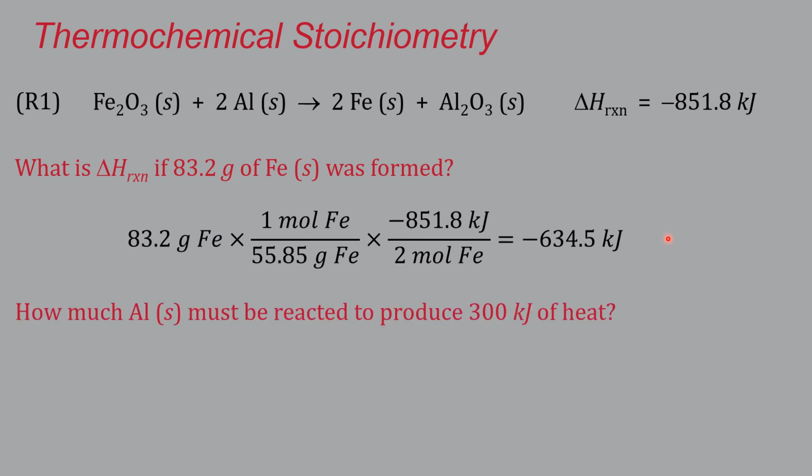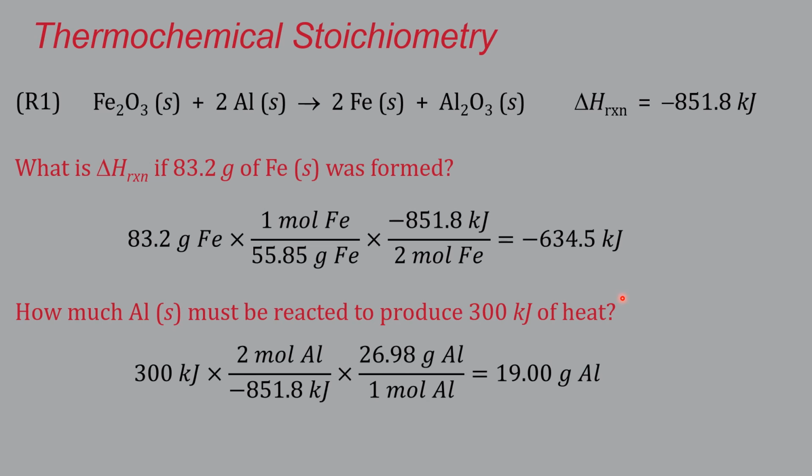And again, the next question would have been, let's say you were inclined to produce 300 kilojoules of heat, how much aluminum would that take? And I think we'll go for a mass. So hit pause, work that out, come back. Hopefully, starting point is 300 kilojoules.